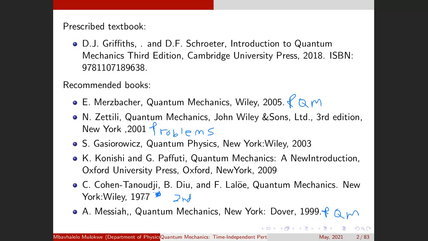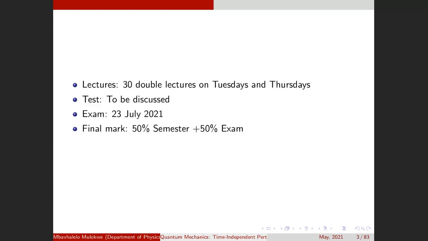But for most of these lectures, Griffiths is the standard textbook that I will try religiously to follow. Once in a while, if any of these textbooks give a better explanation of a topic or concept, I will make use of them.